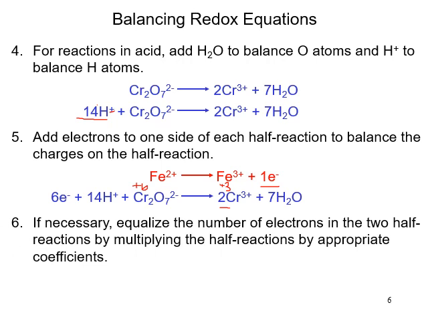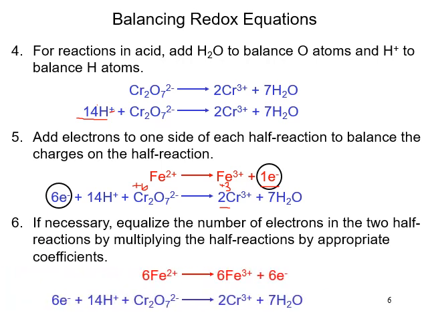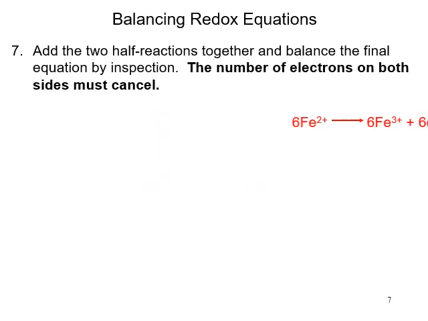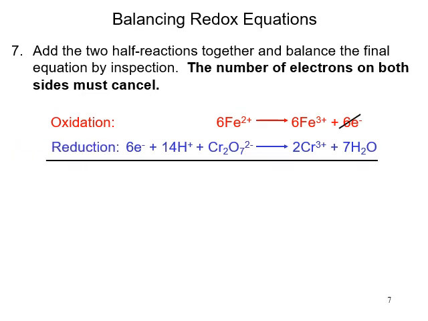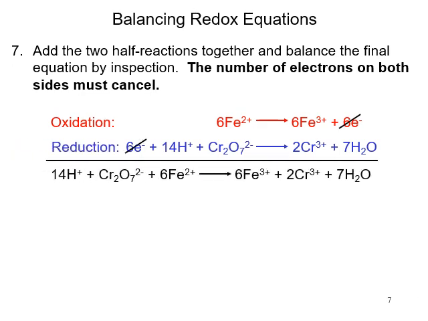In order to add these half reactions together, we need to equalize the number of electrons on either side, multiplying that first oxidation reaction by 6, leaving the reduction reaction as is, and now we can add them together. And that's what's happening right here. Now we are finished.